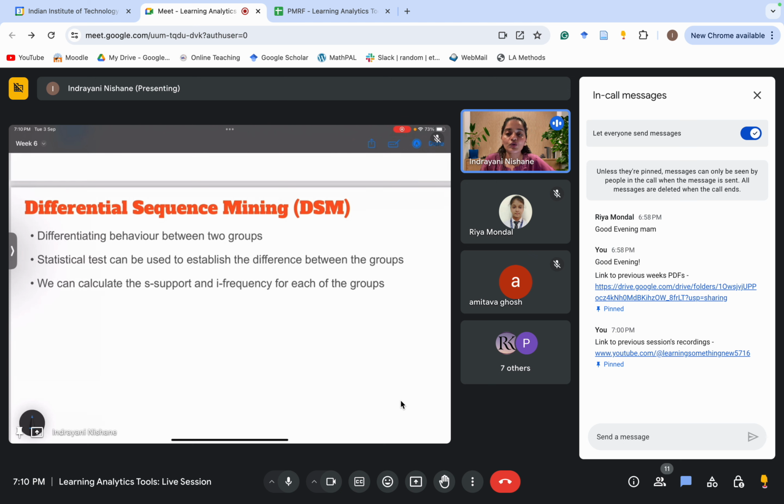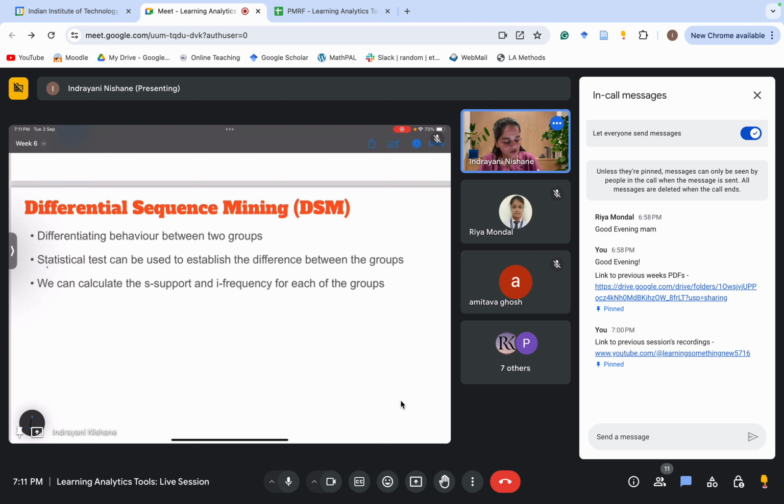We can also use statistical tests to compare the S support and I frequency of every pattern for both groups. We'll get p values from the statistical tests, which will tell us whether the behavior or the number of patterns is significantly different between these two groups.